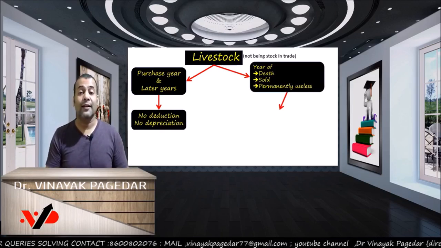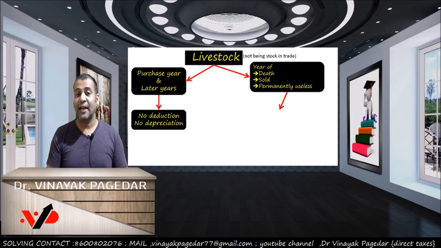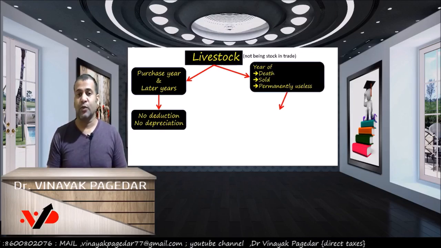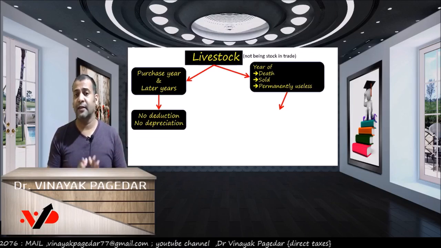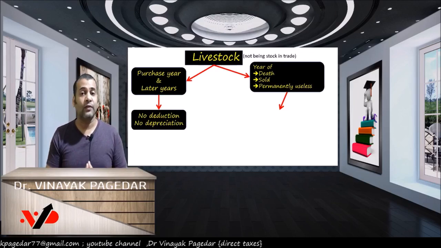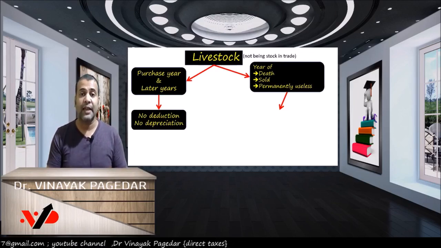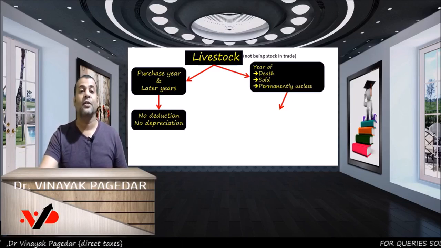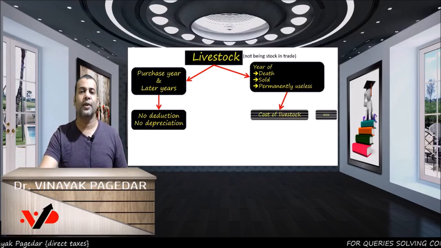So remember, you'll get a deduction in the year in which the animal dies, is sold, or is permanently useless. Purchase year, later years: no deduction, no depreciation. Year of death of the livestock, year of sale of the livestock, year in which the animal becomes permanently useless, then in that case you will get a deduction, and the deduction is very simple.